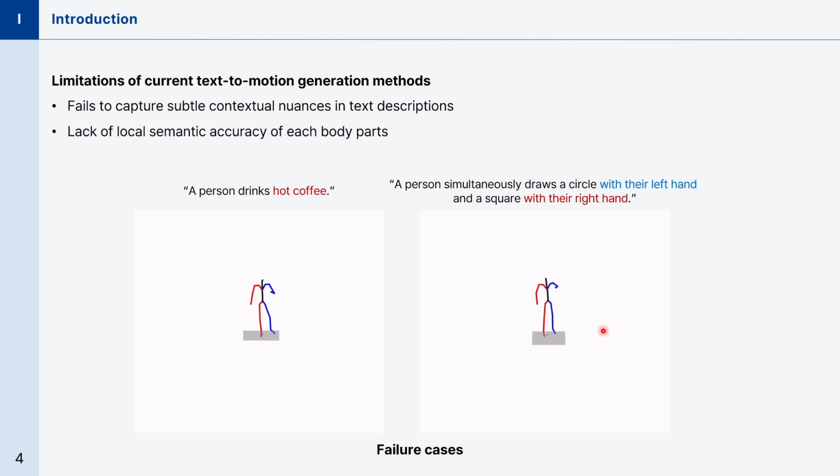In "a person draws a circle with their left hand and a square with their right hand," the model often generates incorrect or mixed motions, failing to differentiate tasks for each hand. These limitations highlight the need for better local precision and semantic alignment to create realistic motions.